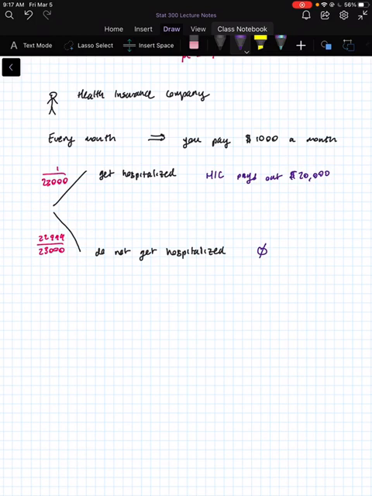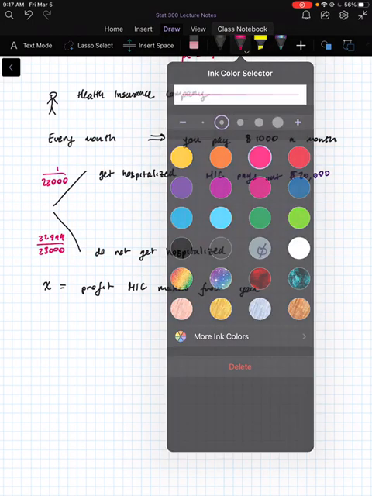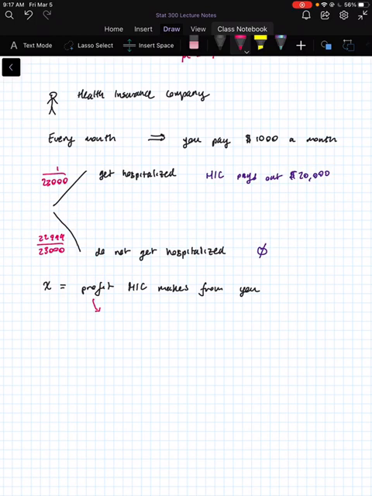So what we can do then is let's think of this random variable, which is the profit that the insurance company makes every year from you. So for those of you who need the refresher, remember that profit is the revenue minus the costs associated with their transactions with you.